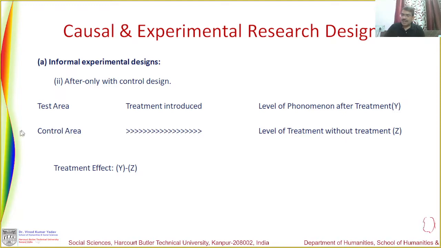So half land you control and half land you give treatment. In half land you apply fertilizer, and in half land you do not apply anything, right? Then you see the productivity after treatment, not before.